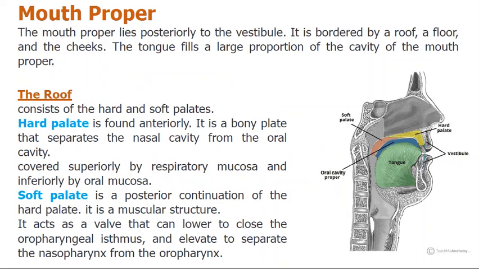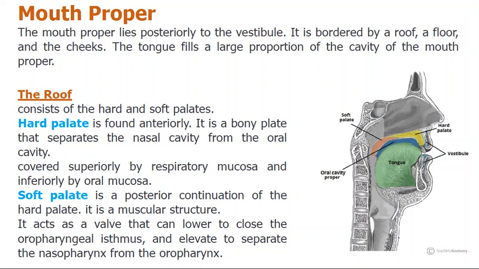Now, the proper cavity of the mouth lies posterior to the vestibule, and it is bounded by a roof, which is the palate, whether soft or hard, the floor of the mouth at the base, and also the cheeks laterally, and the tongue fills most of the volume of the oral cavity itself, and it is a very important structure present in the oral cavity.